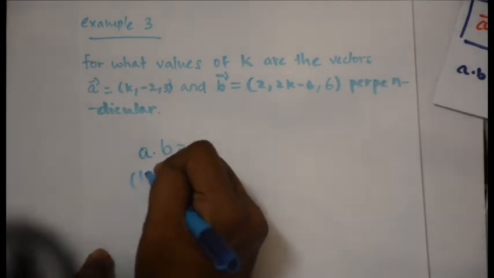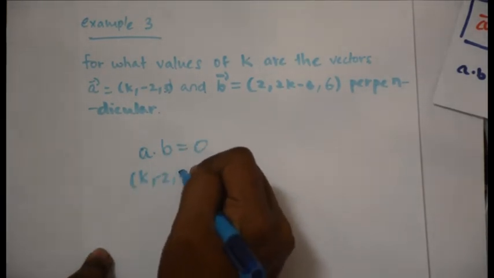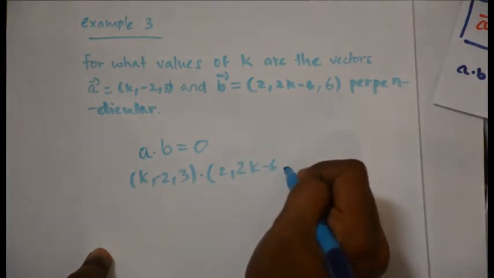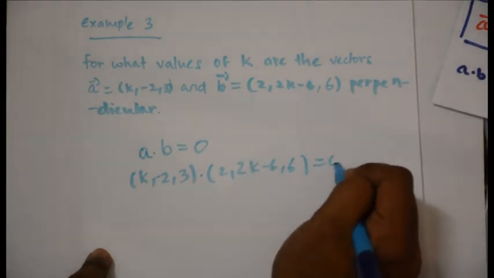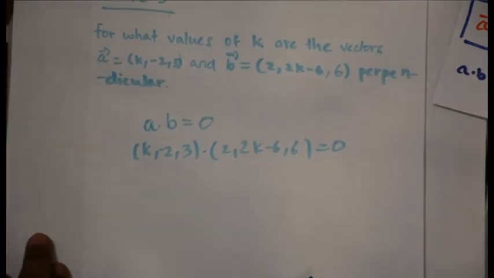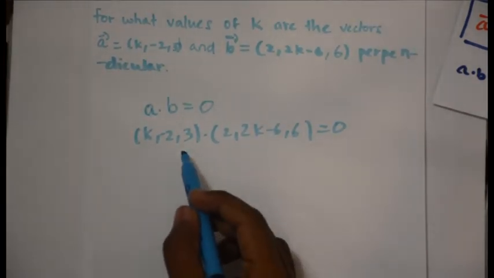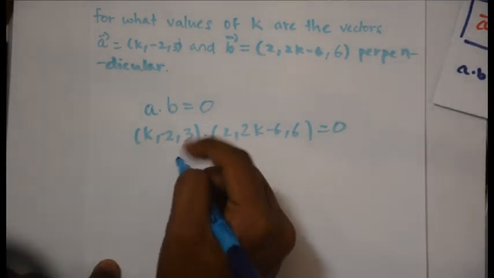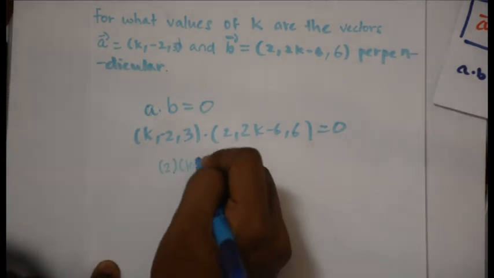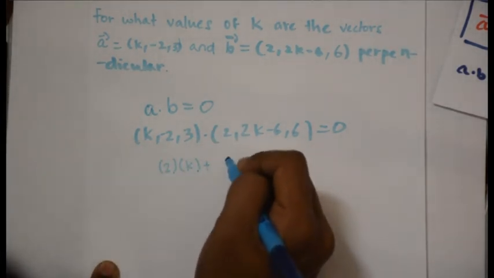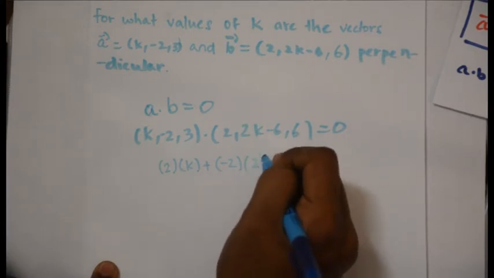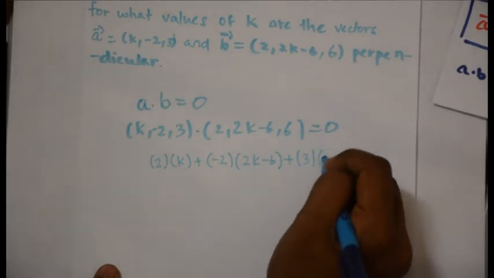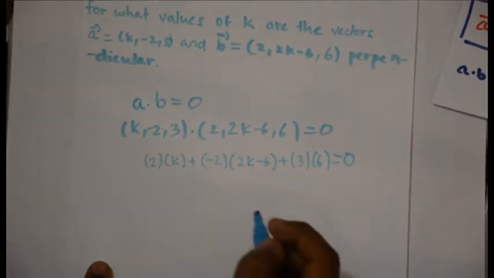So here the dot product between k, minus 2, 3 and 2k, minus 6, 6 equals 0. Now we can simplify this using our dot product equation. So this would be k times 2k plus minus 2 into minus 6 plus 3 into 6 equals 0.